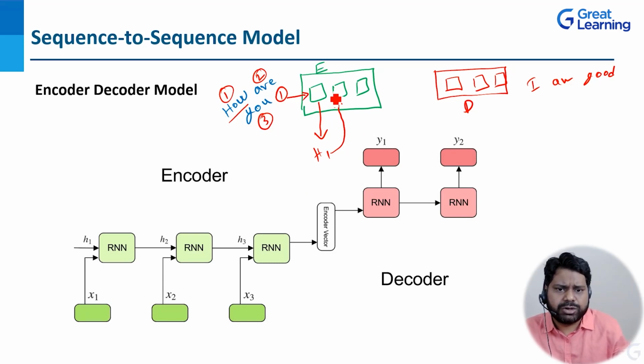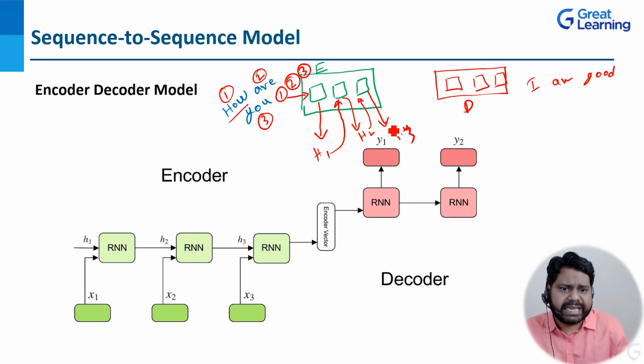Then similarly 2 will go, and it will generate H2. Then this H2 will go, and then 3 will go, and this will generate H3.